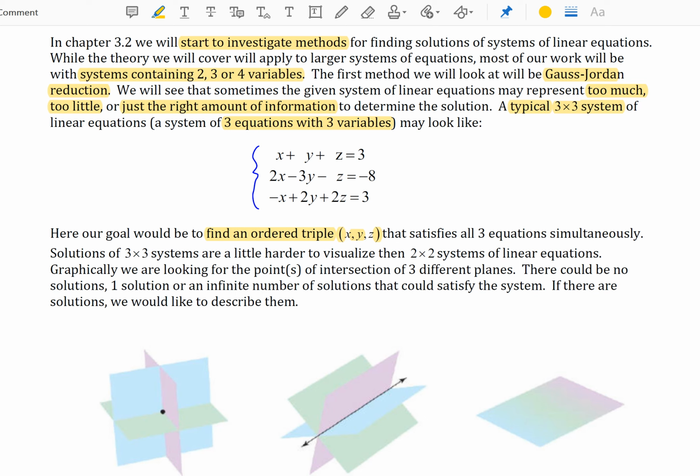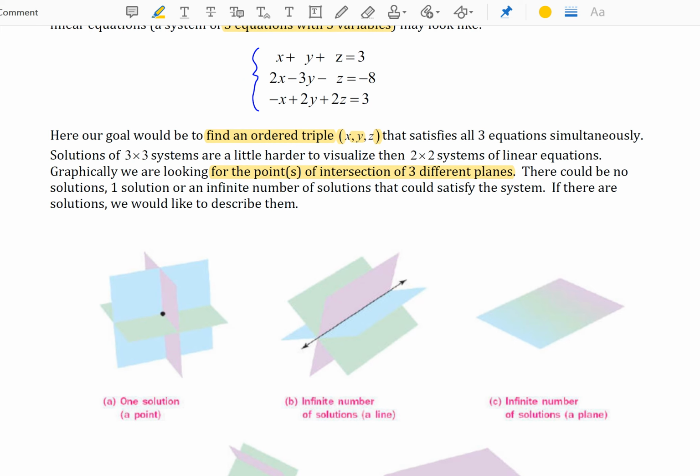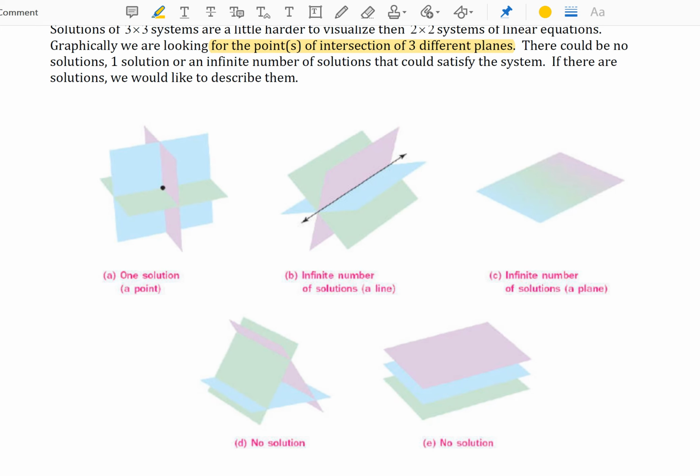Graphically, we are looking for the points of intersection of 3 different planes. There could be no solutions, one solution, or an infinite number of solutions that could satisfy the system. If there are solutions, we would like to describe them.